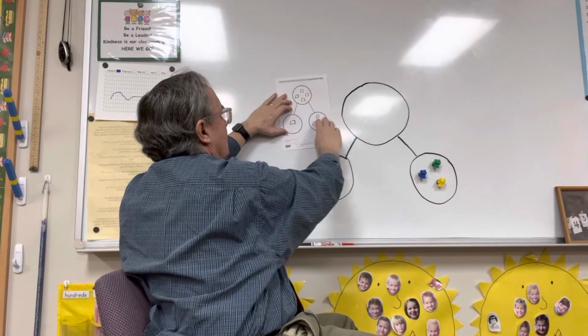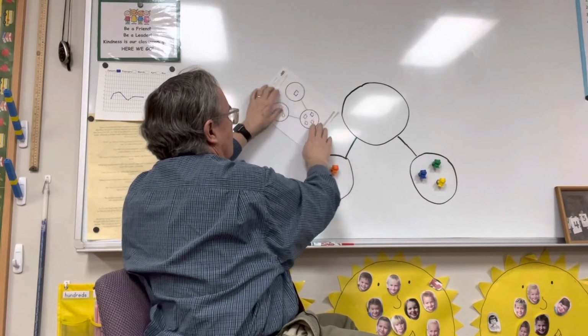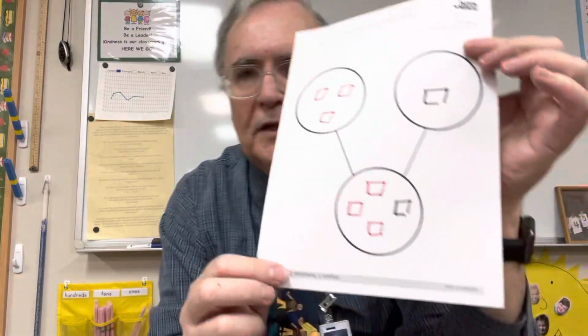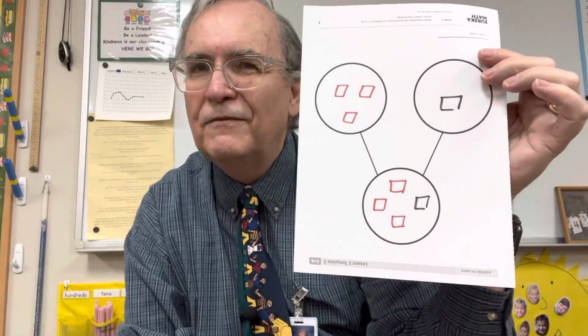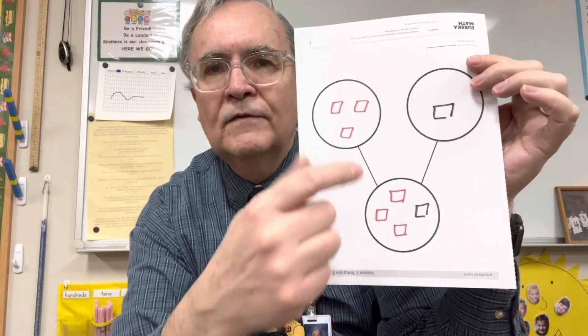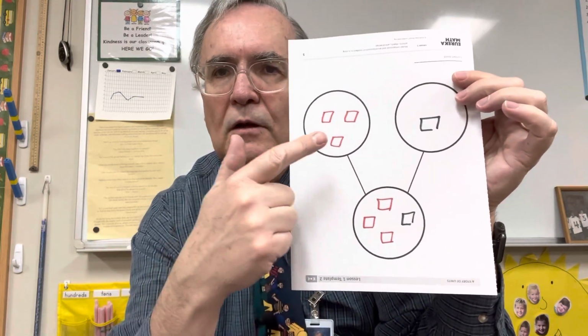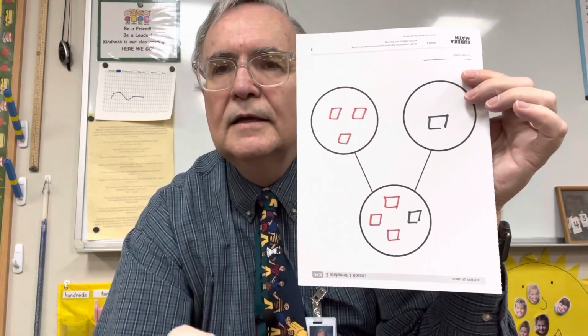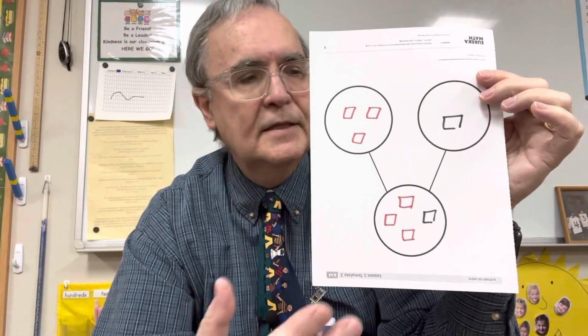Now let me show you something here. Take a look. Let me come up closer even with you. Look what happened to my number bond. It looks different, doesn't it? Instead of the whole being up here and the parts being down here, now the parts are up here and the whole is here. But did the numbers change or did they stay the same? They stayed the same, right?